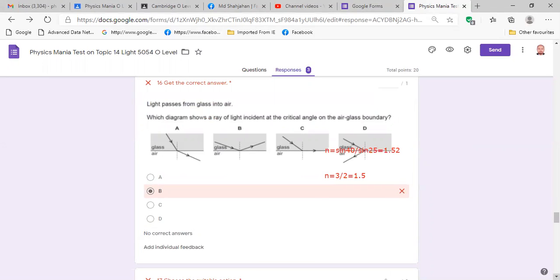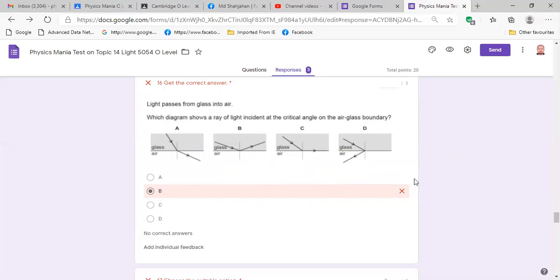They are asking which diagram shows a ray of light incident at the critical angle on the glass boundary. So if it is at the critical angle, then what will be the angle of refraction?